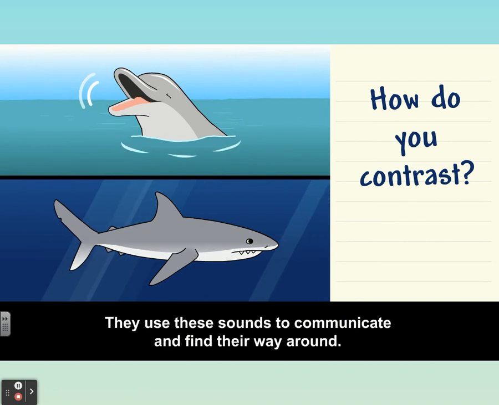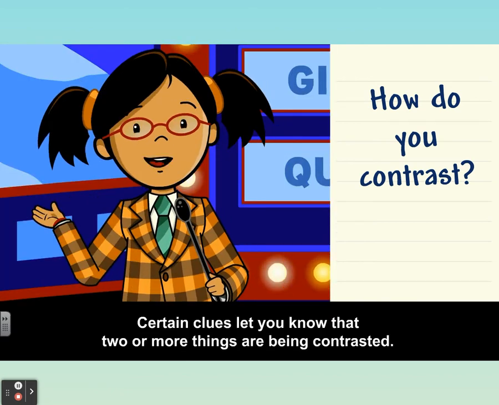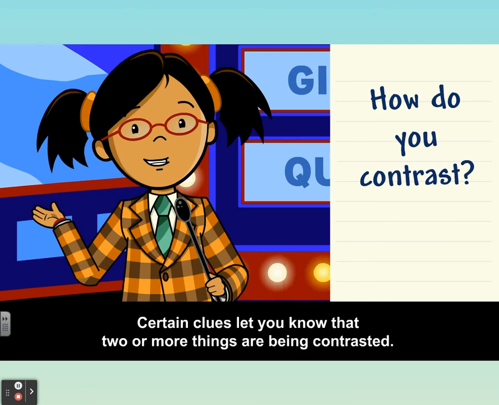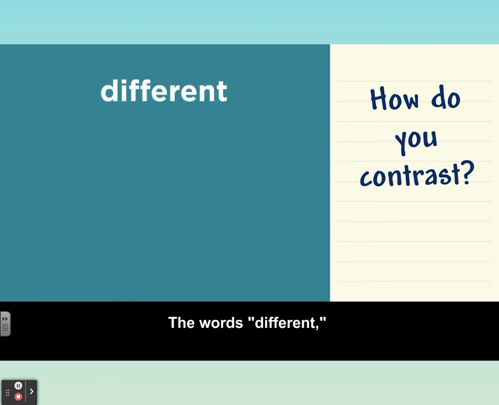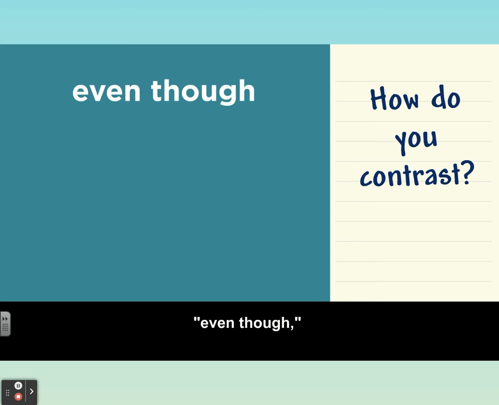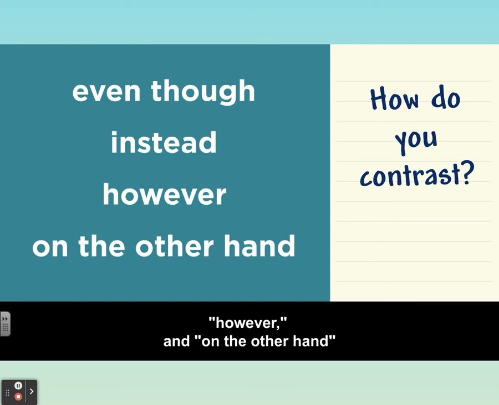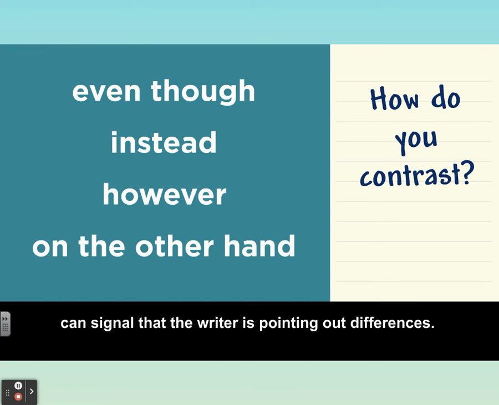They use these sounds to communicate and find their way around. Certain clues let you know that two or more things are being contrasted. The words different, differ, difference, unlike, although, even though, instead, however, and on the other hand can signal that the writer is pointing out differences.